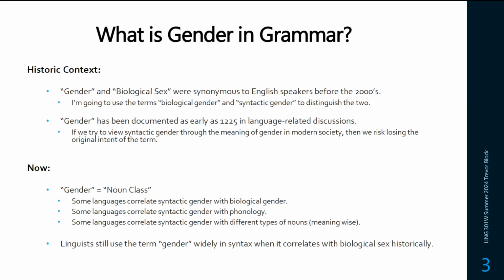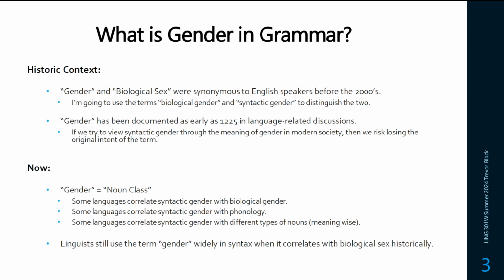So, gender and noun class are used synonymously in terms of the linguistic theory, but different languages will use different words. Some languages might use gender because masculine, feminine and neutral line up nicely with the semantics of the nouns, but other languages will use noun class when it's a little bit less obvious, and the writings will use both. Some people like the term gender, some people like the term noun class. Languages like French are really nice, masculine, feminine, and it corresponds with biological gender or biological sex, however we want to view it.